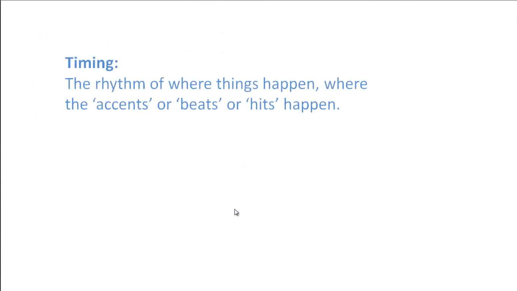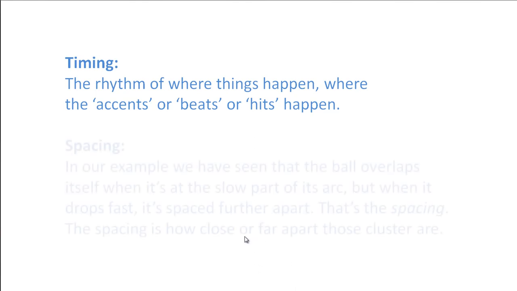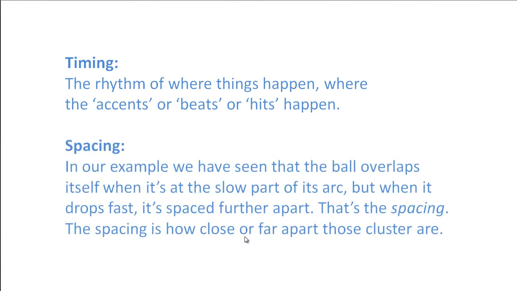Timing, the rhythm of where things happen, where the accents or beats or hits happen. Same thing as we have done in our example. Okay, now what does he have to say about spacing? In our example we have seen that the ball overlaps itself when it starts at the slower part of its arc, but when it drops fast, it's spaced further apart.